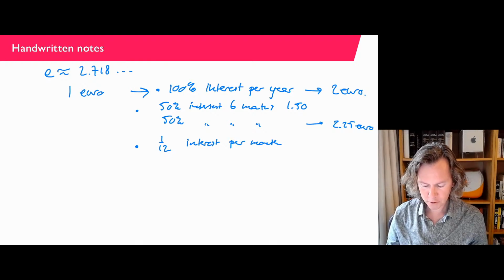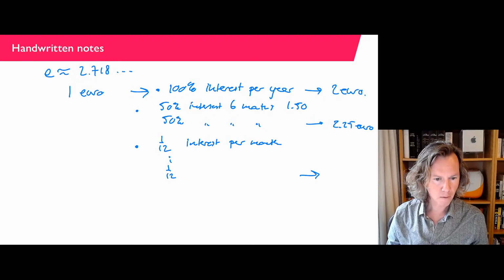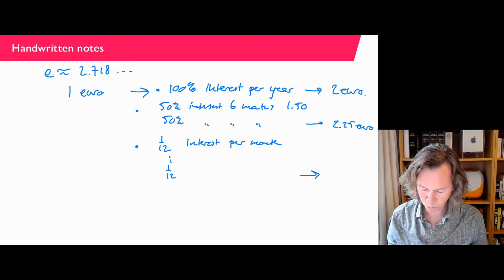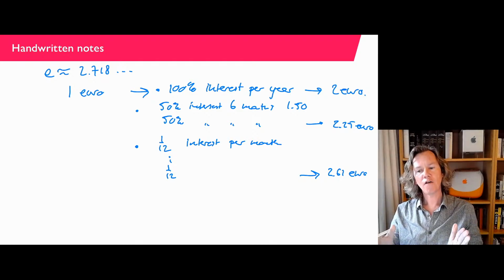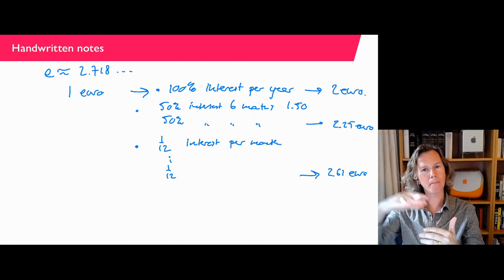Then if you do that 12 times, and we are 1 year further, then you would be getting €2.61. So you see that if you pay a fraction of the interest, but multiple times, it goes up.